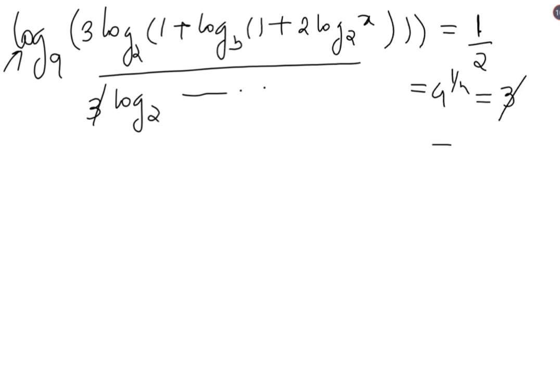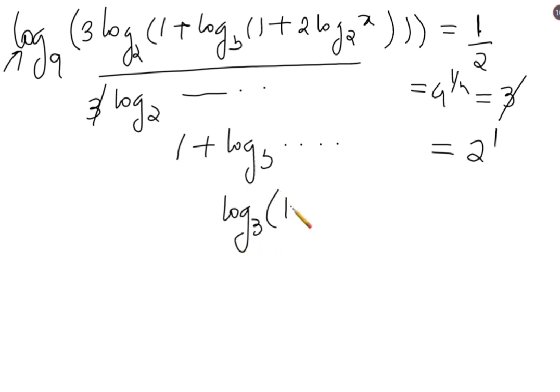So basically this has now become equal to 1, and I want to get rid of this log. So this becomes 2 raised to 1, and this bracket was 1 plus log to the base 3 dot dot dot. So now when you subtract 1 on both sides, I have log 3, and in bracket I have 1 plus 2 log of x to the base 2 equals to, subtracting both sides by 1, so this is becoming 1.